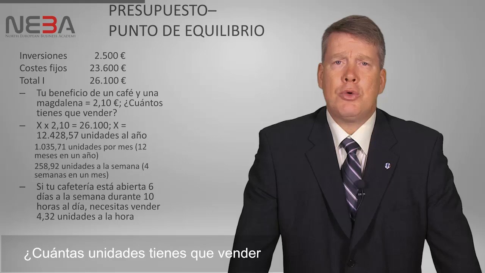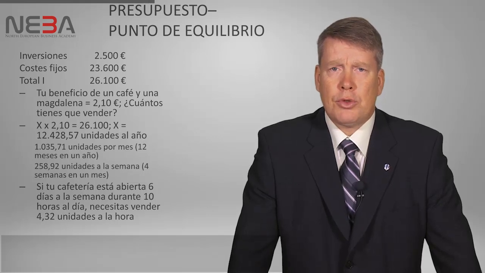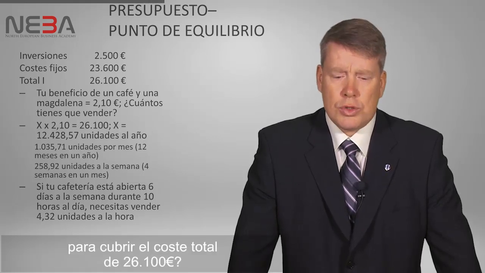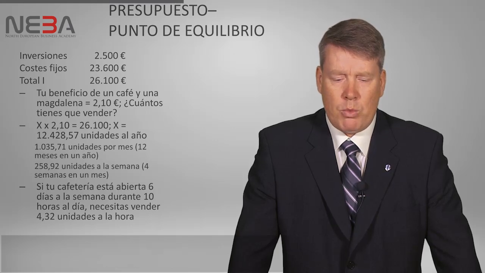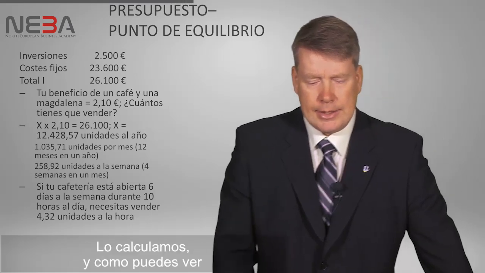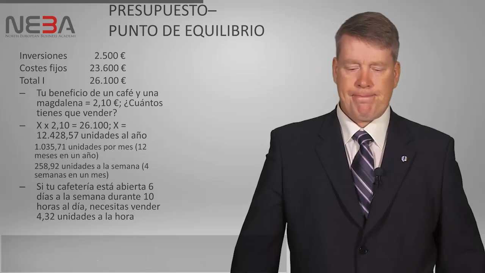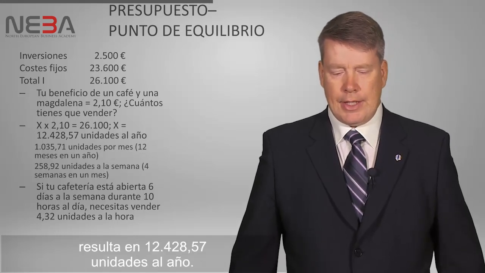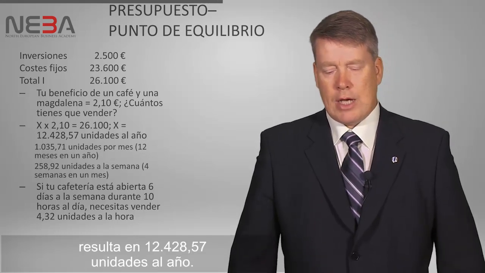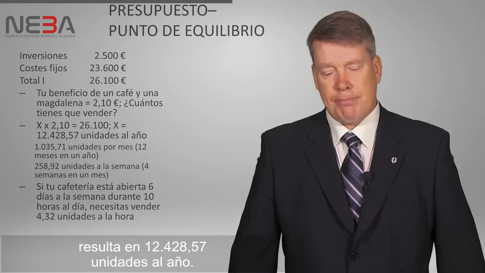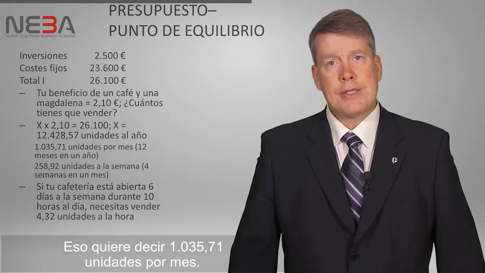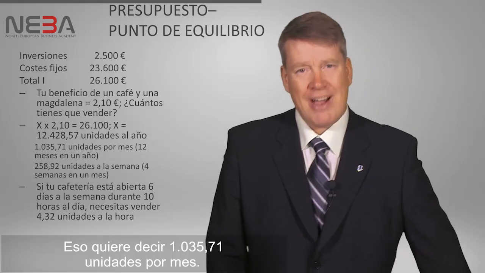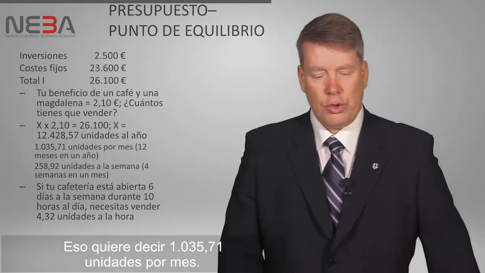How many units do you need to sell to cover the total costs of 26,100? We calculate it, and as you can see, it gives us 12,428.57 units per year. That means 1,035.71 units per month.